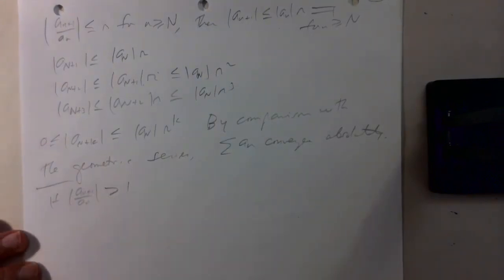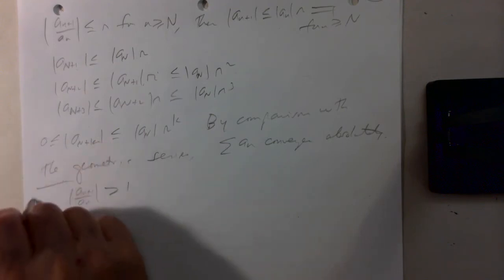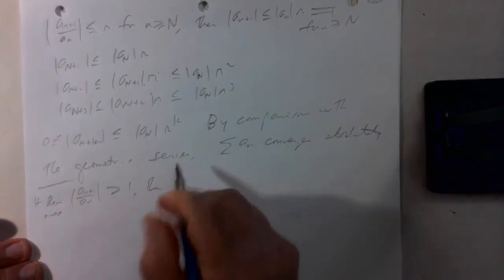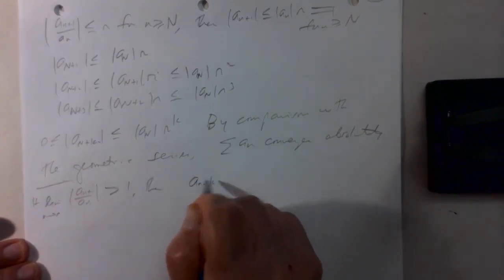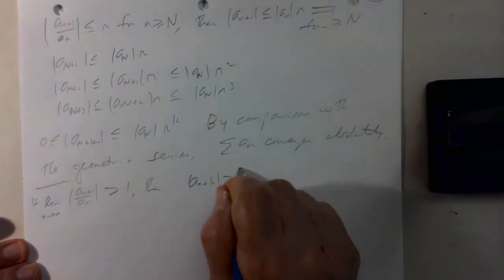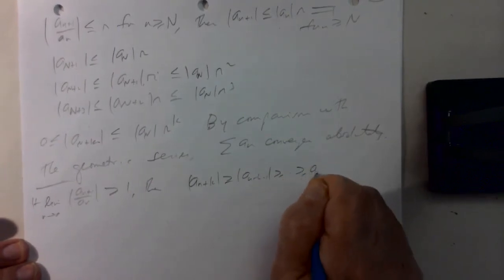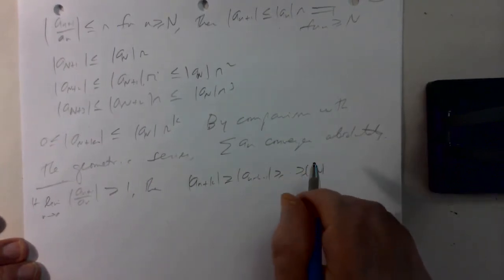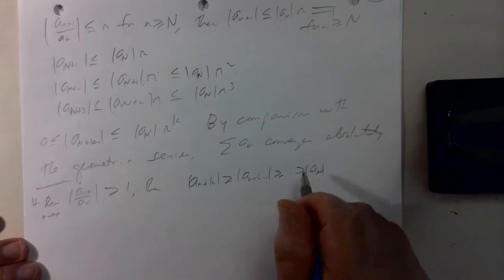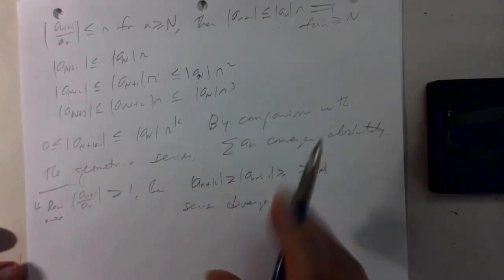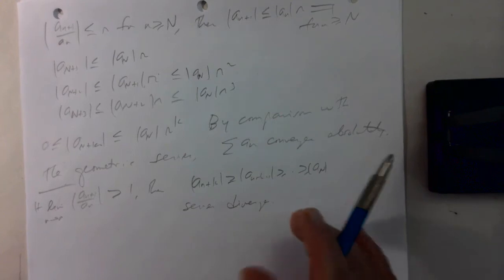If the ratio of an plus 1 over an converges to something greater than 1, then we're going to have an plus k greater than an plus k minus 1. These terms are going to get bigger and bigger and bigger. They're not going to go to 0, and the series diverges. I mean, this has to be written down in more detail, but that's going to be the idea.